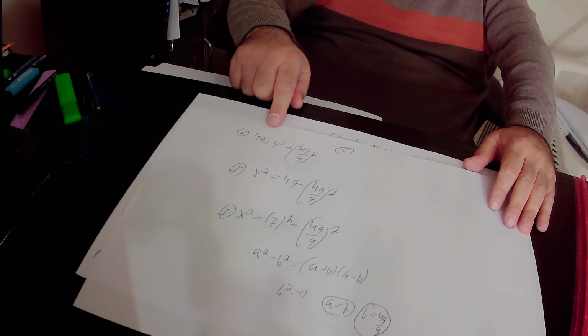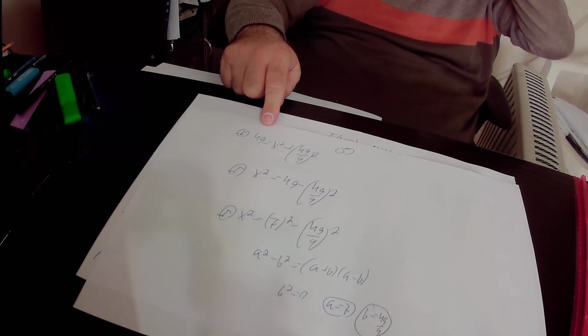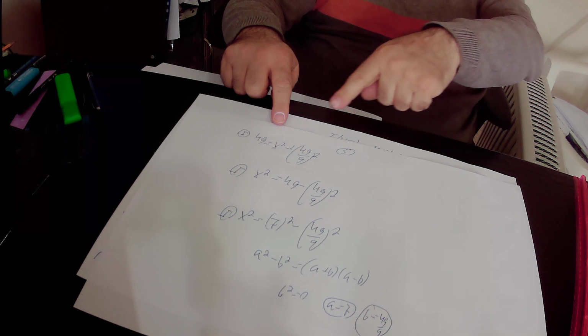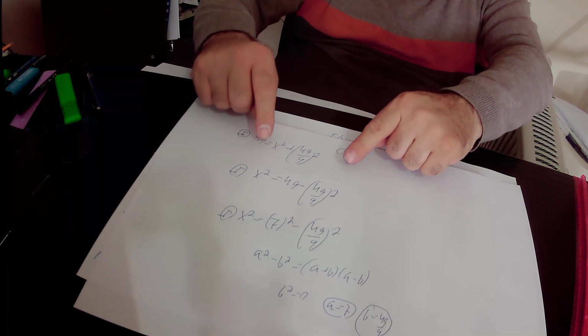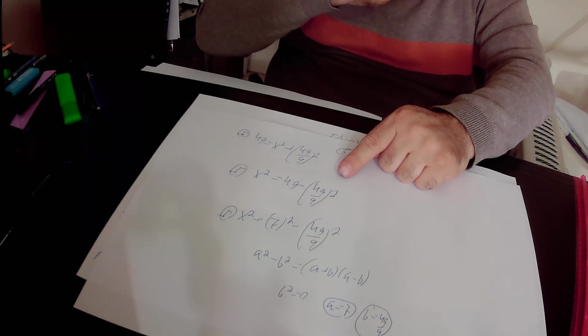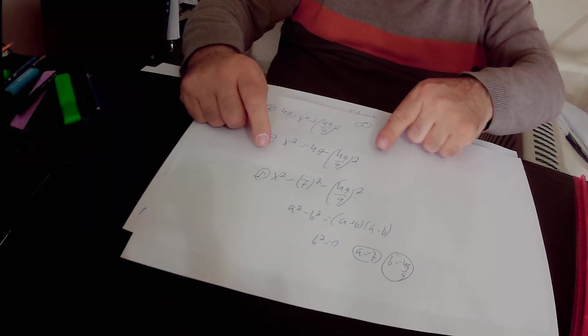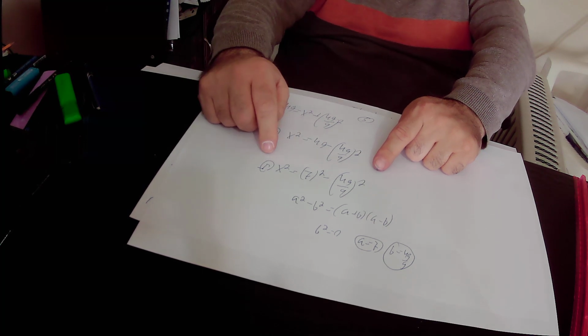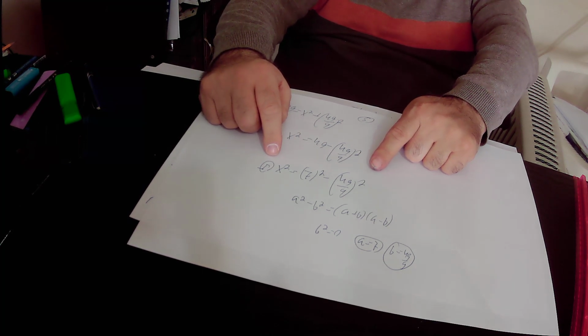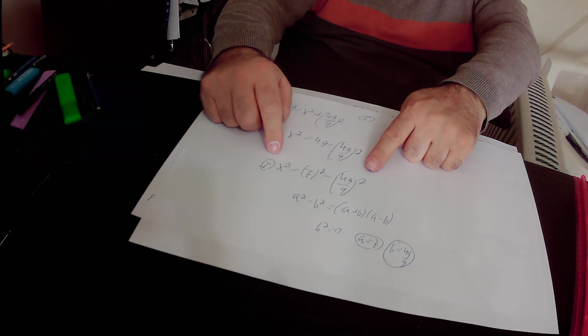So x squared, we subtracted (49 over 9) squared from equation number 1, and we got that x squared equals 49 minus (49 over 9) squared. We know that 49 is 7 squared, so in conclusion we found out that x squared equals 7 squared minus (49 over 9) squared.